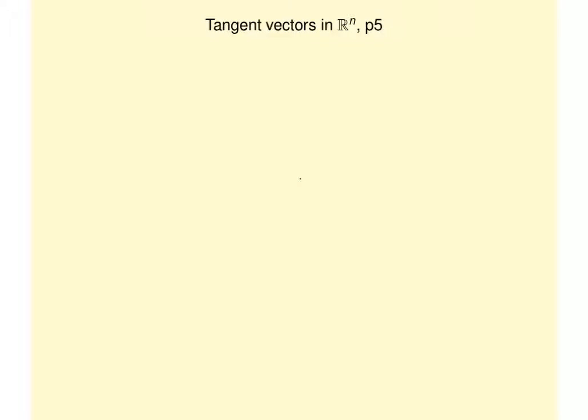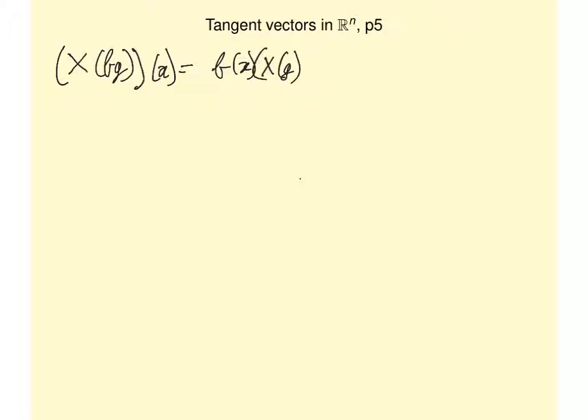For products, of course, by the ordinary product rule, at a point little x, what we get is the value of f at x times X of g at x plus the other term.